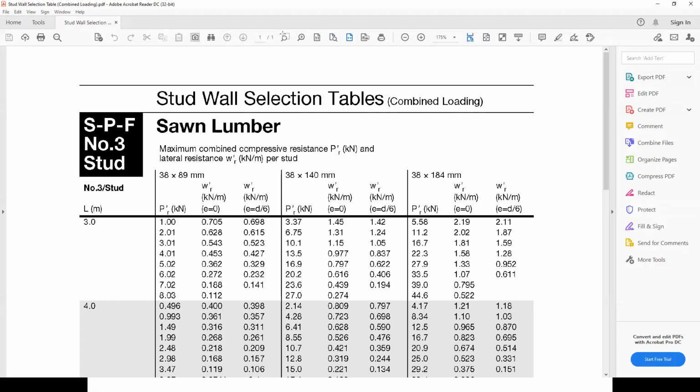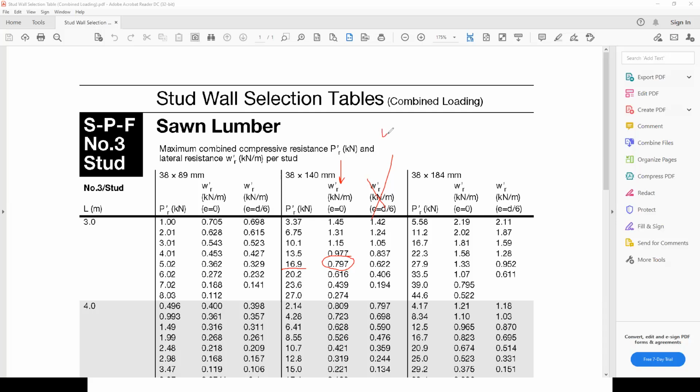Okay. So basically, guys, I start with case number 3. I look for a PR that is greater than 14.2. This is good. And then I come over here, and of course I'm not here at all because I'm concentrically loaded, and I make sure that the WR here is greater than the WF, and I believe it is for case number 3. Am I correct?